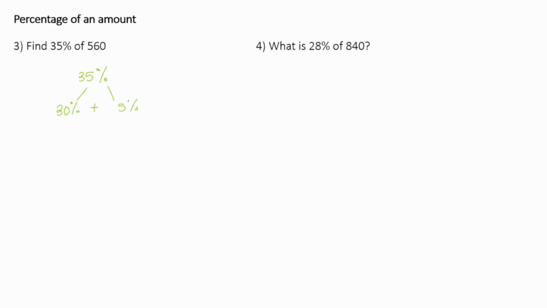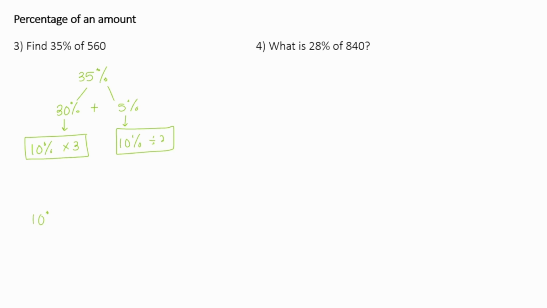Now, in order to find 30%, we can find 10% of the number, and then we know 30 is 3 lots of 10. So when we found 10%, we can multiply it by 3. And 5% is a half of 10. So what we can do is find 10% and then half it or divide it by 2.